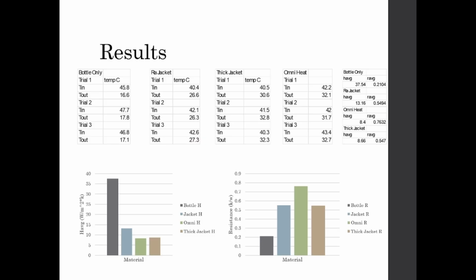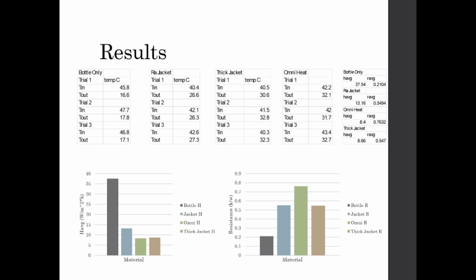In these bar graphs below, the H average of the bottle, of course, is higher because there's no insulation, with the resistance being lower, and the RA jacket being the lowest, the thick jacket being the second highest, and the OmniHeat jacket actually having the highest thermal resistance. The reason this is interesting is because the jacket on the right-hand side, this brown in the bar graph, is actually a lot thicker than the OmniHeat jacket.